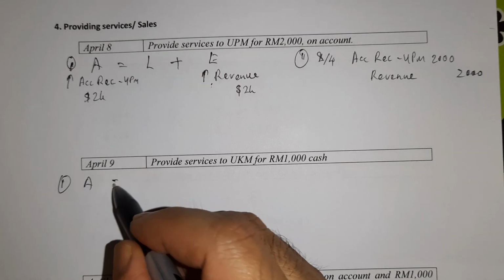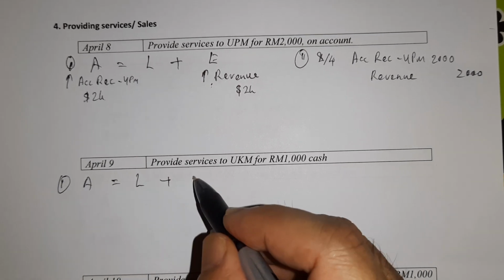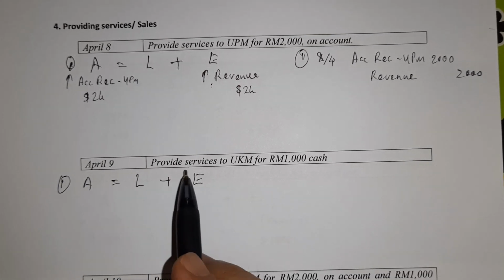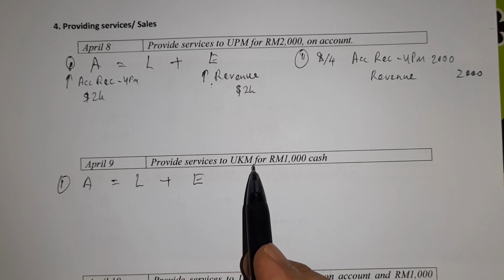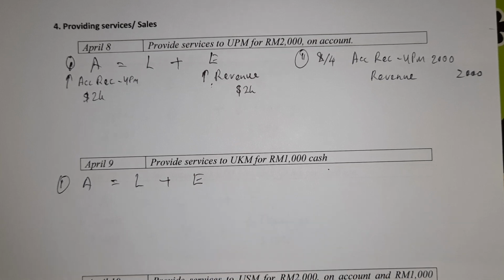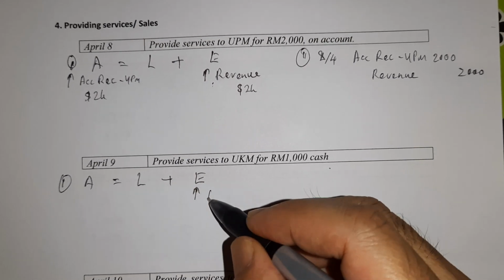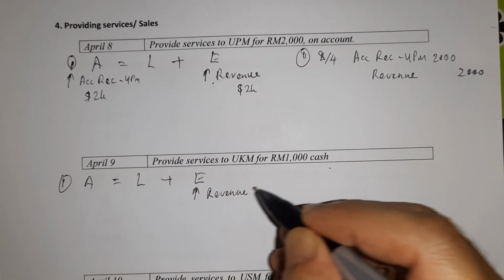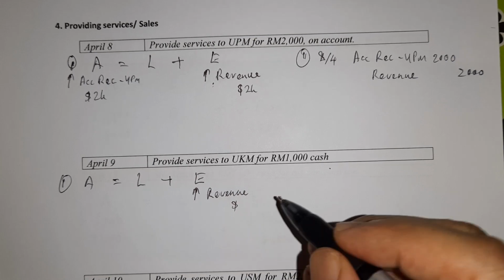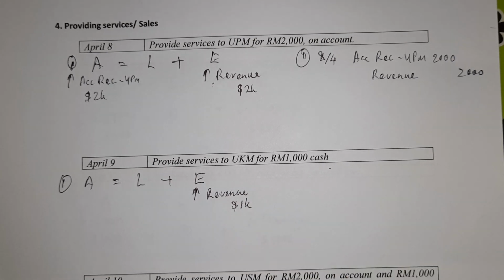See the second transaction. Asset, liability plus equity. Provide services to UKM for 1,000 in cash. So what happened to your business? When you have provided the service, you have to record the revenue. So equity increase, the name of the account is revenue. The amount is 1,000 cash. At the same time, UKM pays cash.